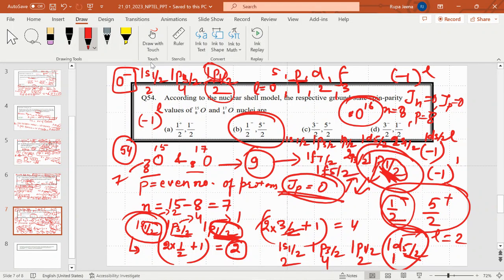It will go along by 1, 2, 3, 4, 5, 6, 7, 8, 9. This much is enough for the exam, because they won't ask for elements having atomic number more than 30, they will ask only those elements which have atomic number less than 30. So this much is enough.